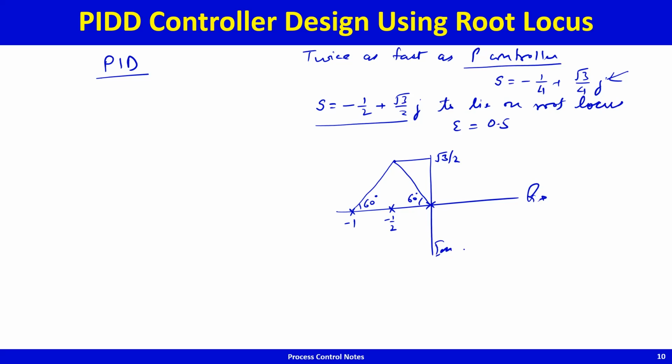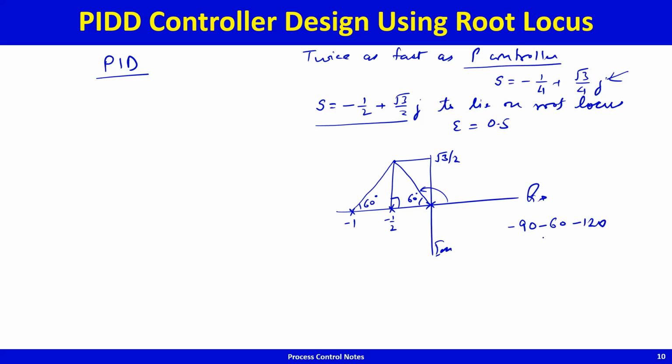Now the pole here will put in an angle of minus 90. So minus 90, minus 60, and so this is minus 120.